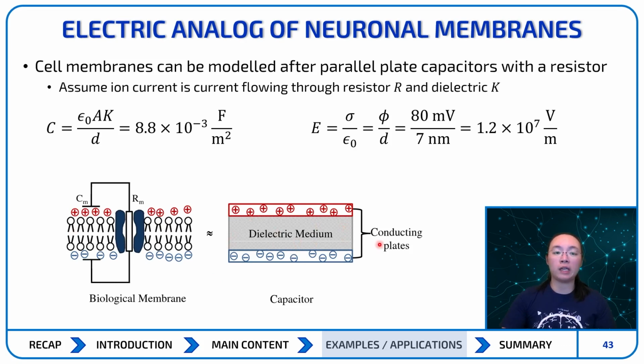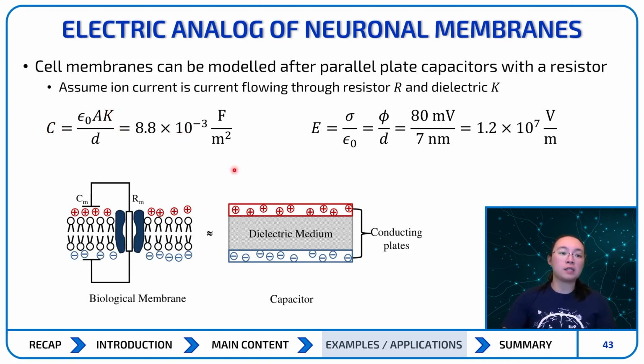So what we do is we assume an ion current, or basically a current, flows through a resistor, which would be our protein ion channel, and a dielectric K from our lipid hydrophobic core. You can actually calculate the capacitance using the capacitance equation for parallel plate capacitors with a dielectric constant K associated with it.